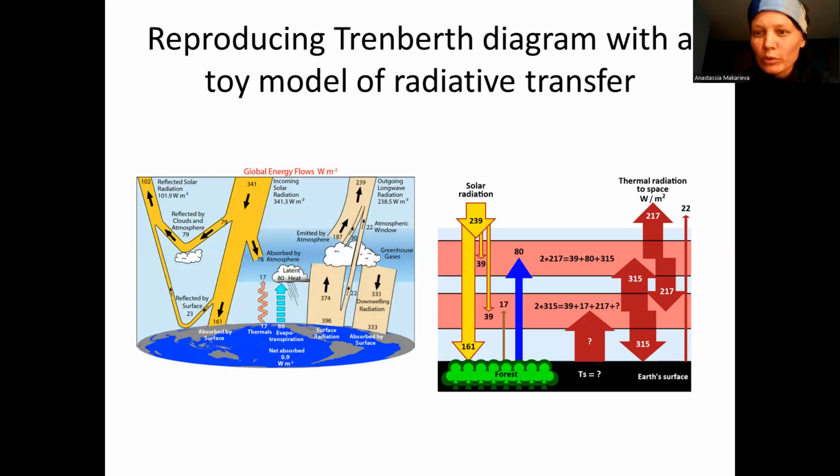And now we go to the second layer, okay? It also emits 315 up, 315 down. And now we can calculate its own energy budget, which is 2 times 315, okay? And there is income 39 from solar energy and 17 from sensible heat. Okay, this is 17 and this is 17. And there is also 217 from the upper layer.